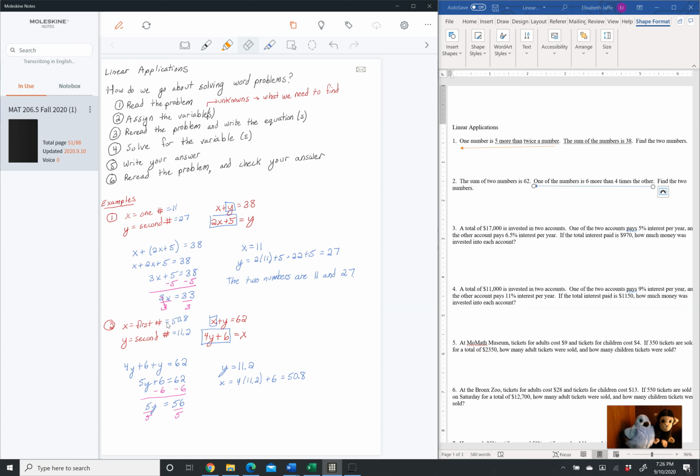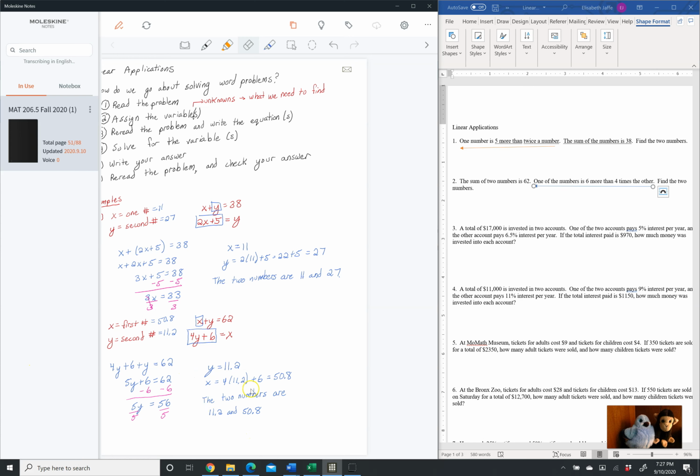Either way is fine with me. If you don't write x equals y equals, then you have to write the sentence. Okay, and if we add 11.2 and 50.8, then we do get 62. Okay, and we already know that 4 times 11.2 plus 6 is 50.8.